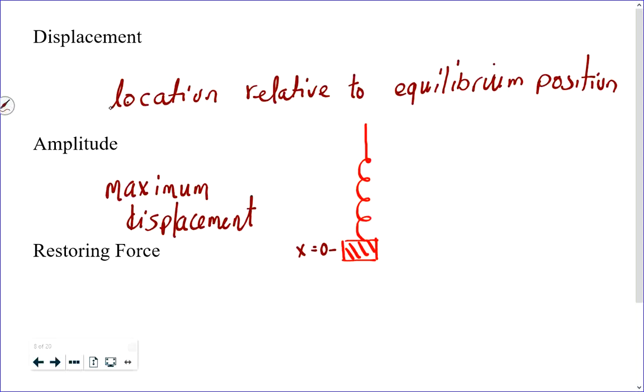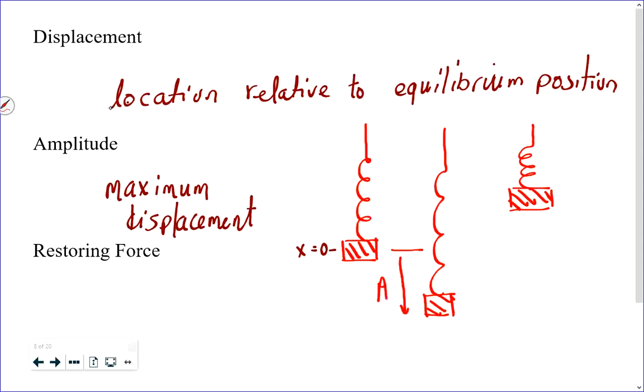And I set it into motion, and it bobs down to here, and then it bobs up to here. That's the amplitude. And what we will discover is the amplitude is the same in either direction. A pendulum goes just as far to the right as it goes to the left.